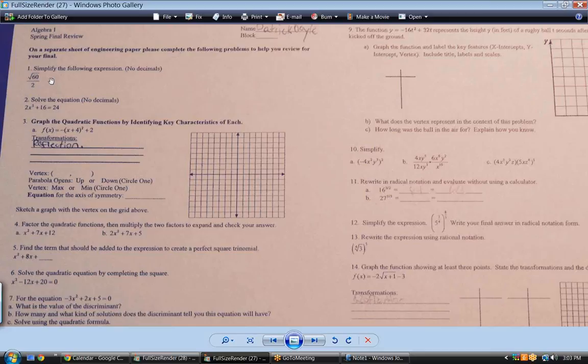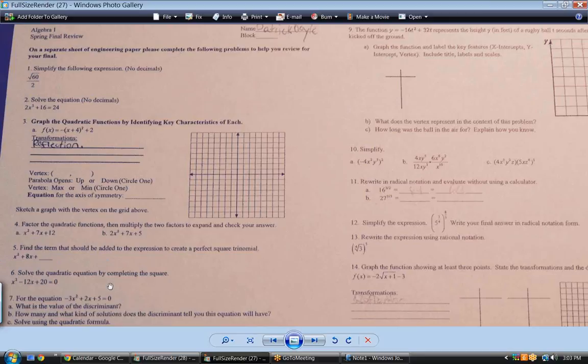And what about the next one? Solve the equation. That's a quadratic equation. Then the next one is charting a quadratic equation. Right. Then 4 is factoring quadratic expressions. And 5 would be that perfect square trinomial subset of questions. It means take a quadratic and see if it breaks up into a linear factor squared.